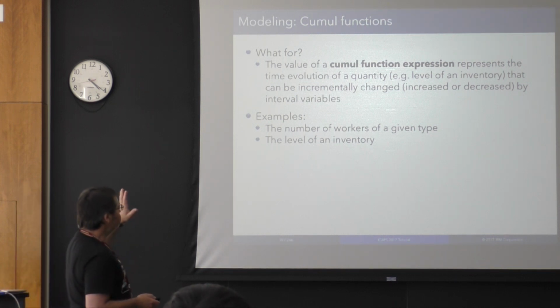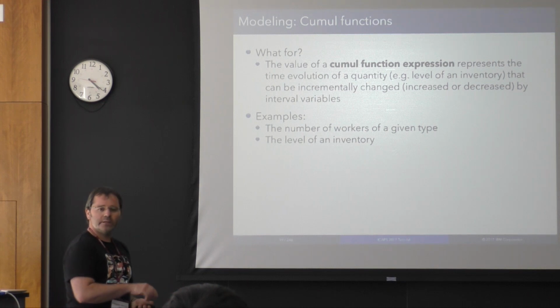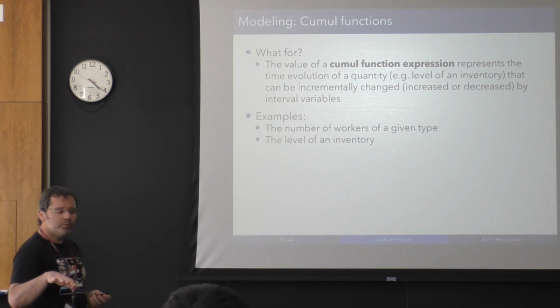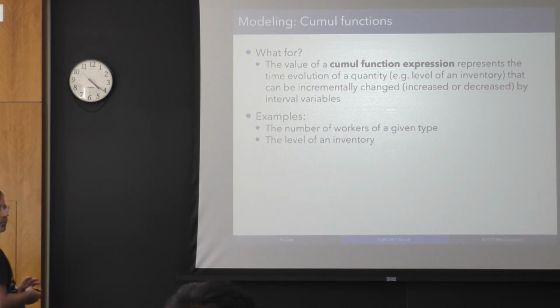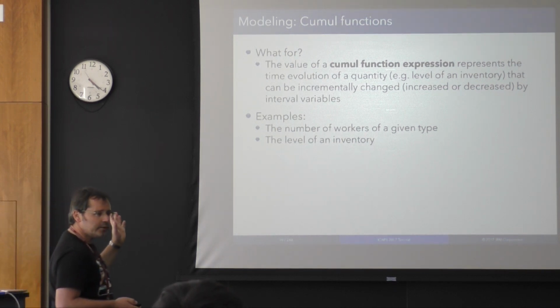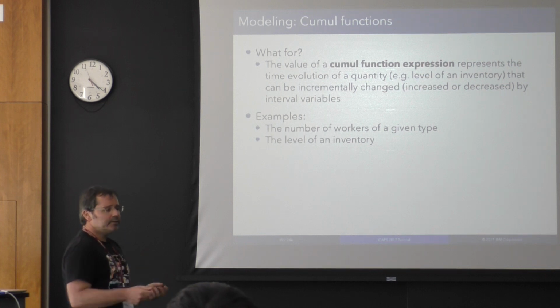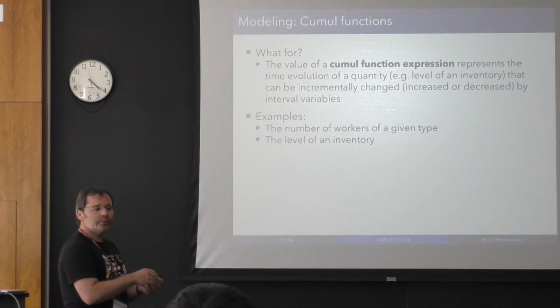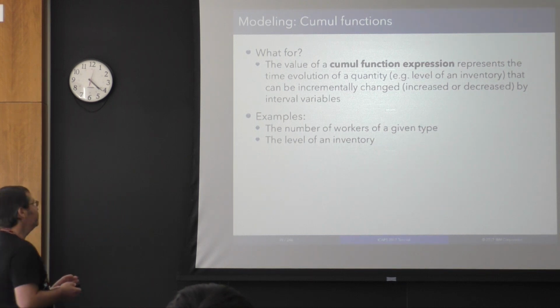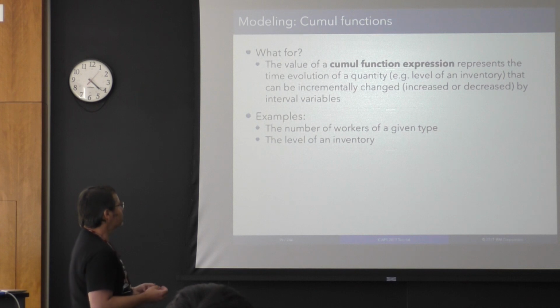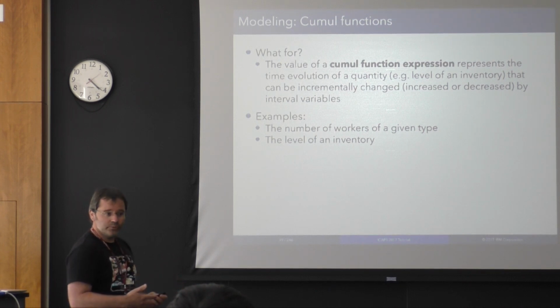Okay. I will now completely change the topic a bit, and address a different kind of resources, which are more cumulative resources. For that, we have introduced the notion of cumul function. I said quite at the beginning that scheduling is about time, and naturally you have this notion of function of time that enters into play. So what is a cumul function expression? It's an expression, so it has a value.